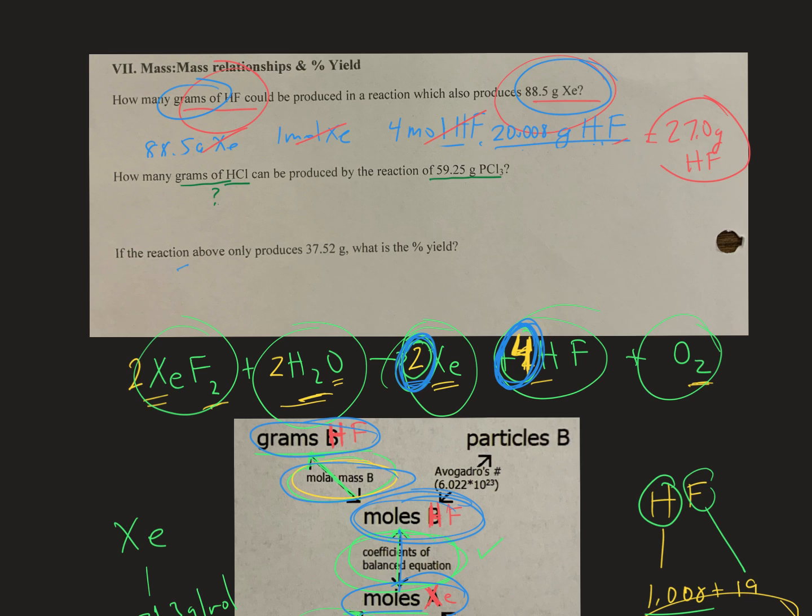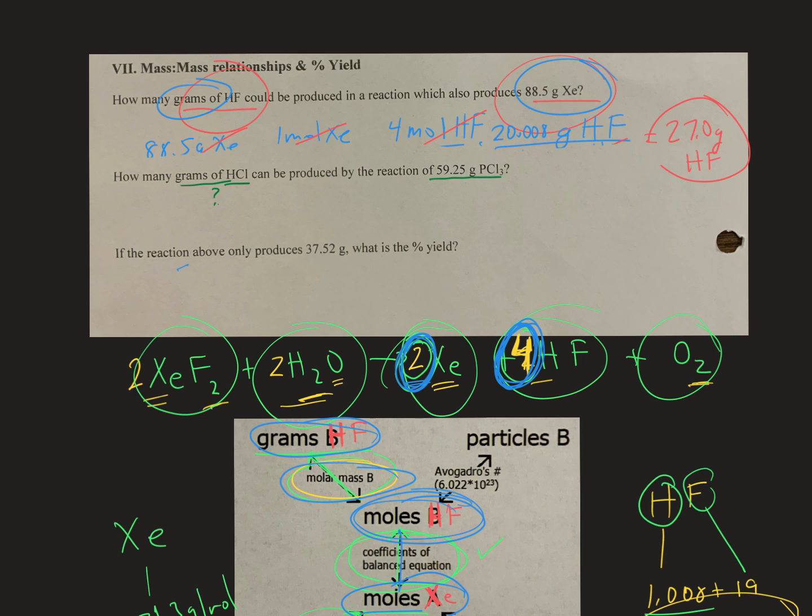So what do I do? We're going to use the first equation. What's my first step? Balance the equation. Oh, I don't even have an equation, do I? If you look at the top of this page, it says these equations are used for these problems.